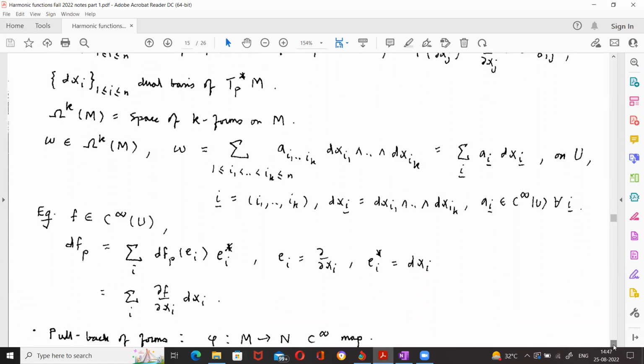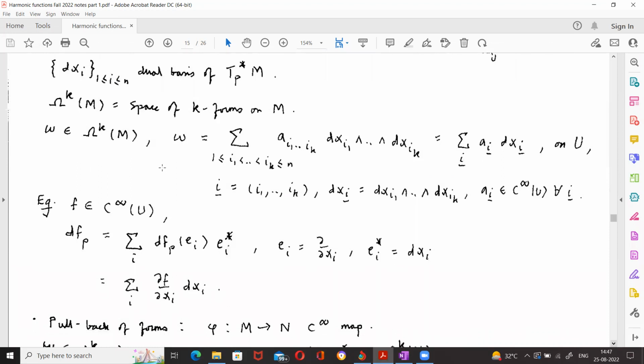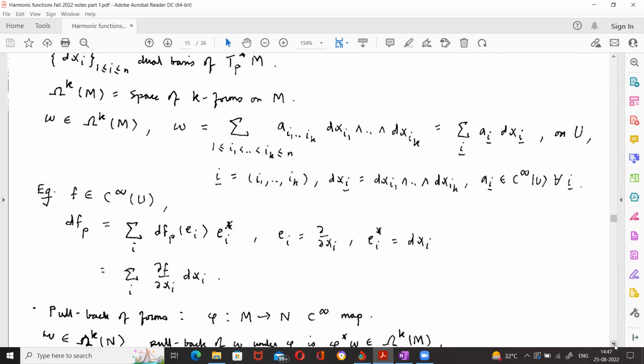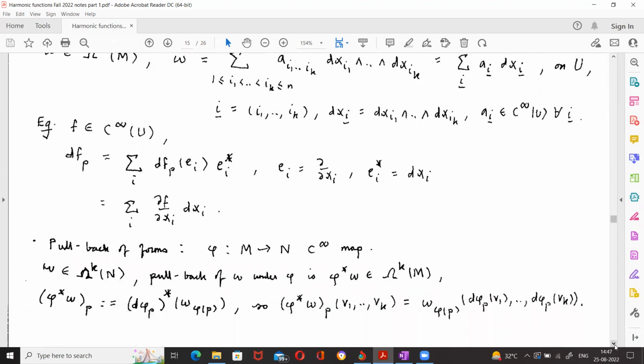So we've already looked at the example of a one form, which is the differential of a function df. That's a one form. And so when we were doing the linear algebra of wedge products and alternating tensors and so on, we talked about pullback of tensors and pullback of alternating tensors.